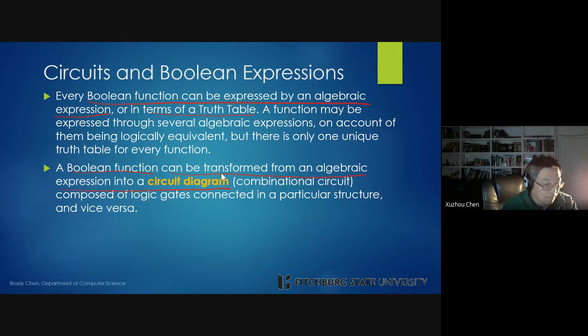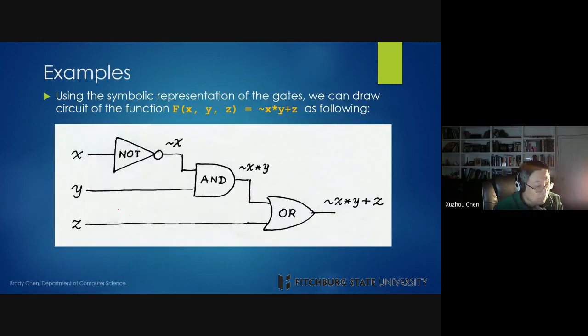Okay. It's called combinational circuits. These circuit diagrams are composed of logical gates, connected in a particular structure. So then you can build this. Okay. Here's one of the examples. Okay.